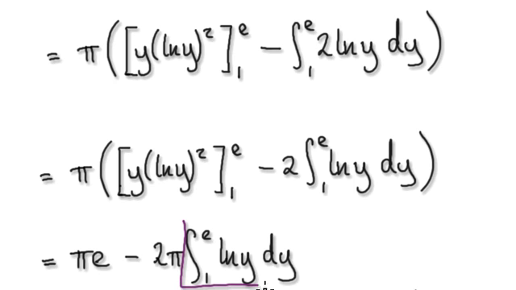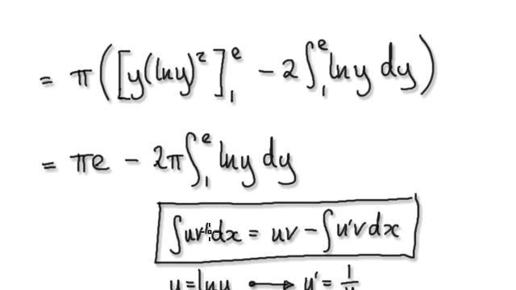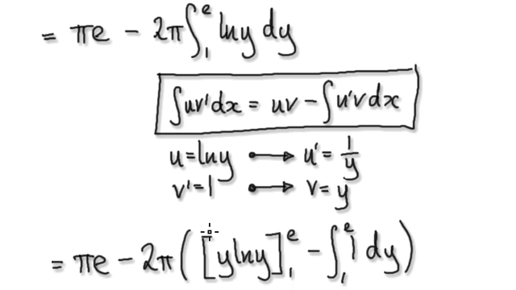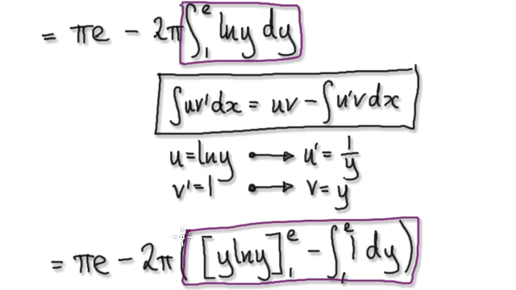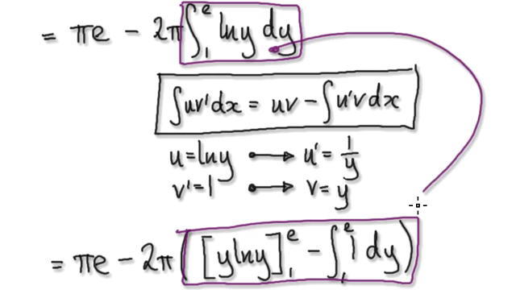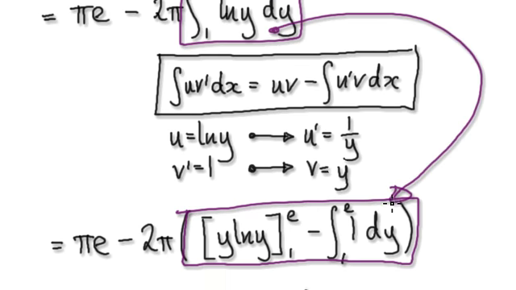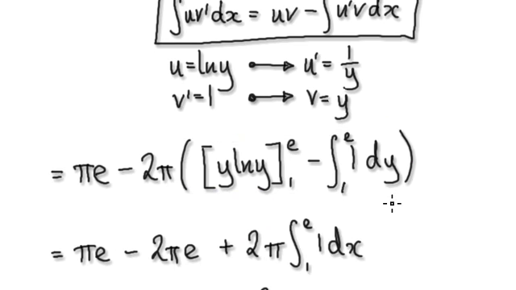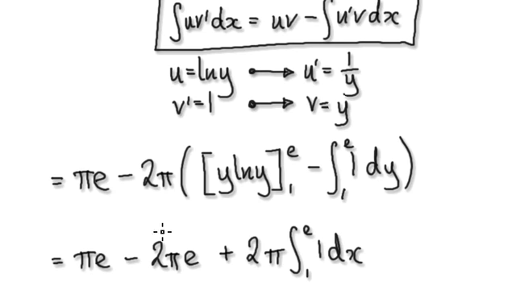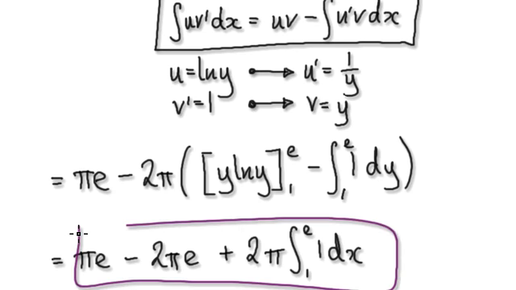Now we need to integrate this. Normal routine: if you integrate this, it will give you this thing here. From here it takes us to here, and then follow it through and it will give you something like this.